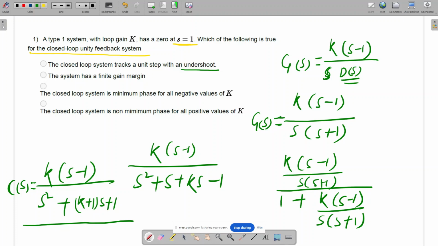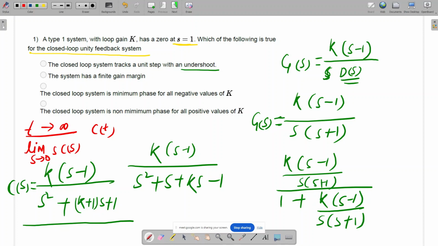The closed loop system tracks a unit step with an undershoot. What will be the value as t tends to infinity? So s tends to 0. I am checking c of t as t tends to infinity: limit s tends to 0 of s into C(s), correct?